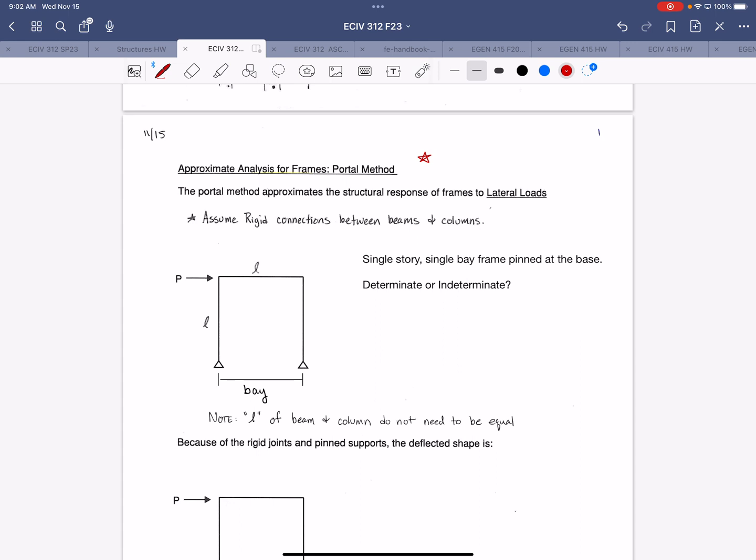We're going to treat those vertical loads separately using the approximate analysis methods that we talked about on Monday for frames, right? So portal method, only lateral loads. You do not include vertical loads. If you try to include vertical loads, it will mess up your calculations.